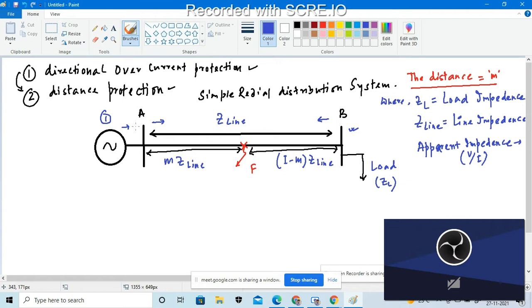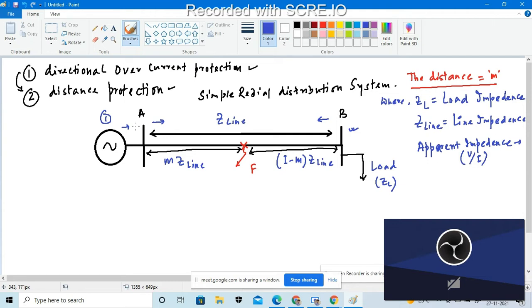Suppose, for the assumption purpose, first we consider that at the sending end no load is connected. What will be the condition when the system is under unloaded condition?